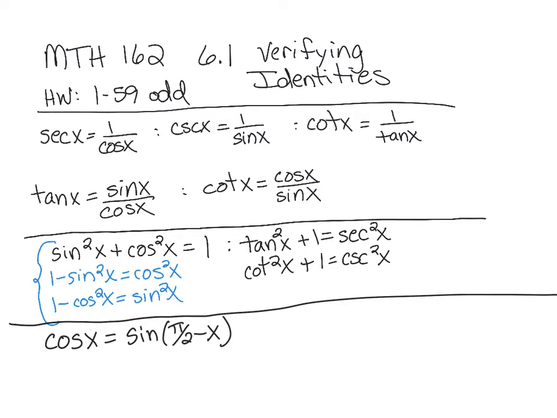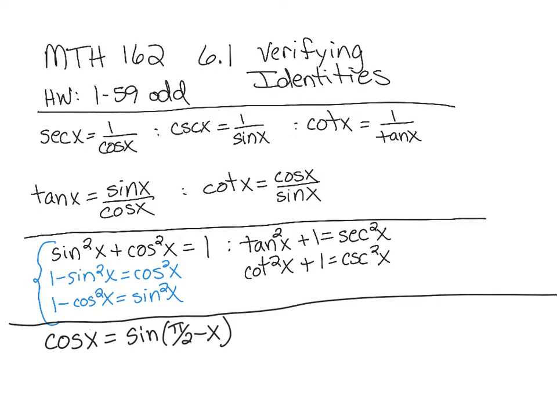Okay, think about it. If you have a right triangle, if one of the angles is x, the other angle is 90 degrees minus x. And all you're doing is flipping adjacent and opposite. All right. Same thing with the tangent and the cotangent.